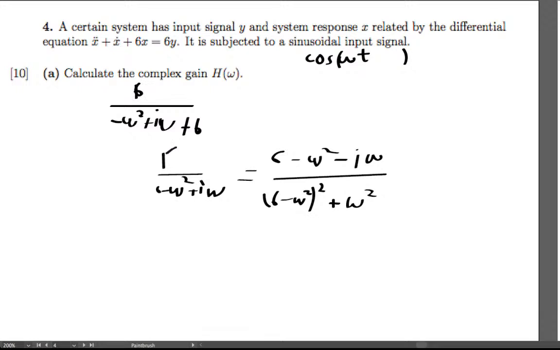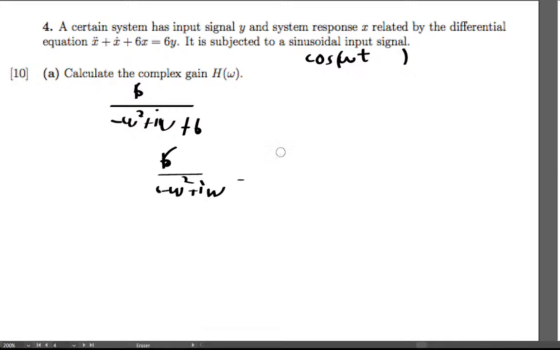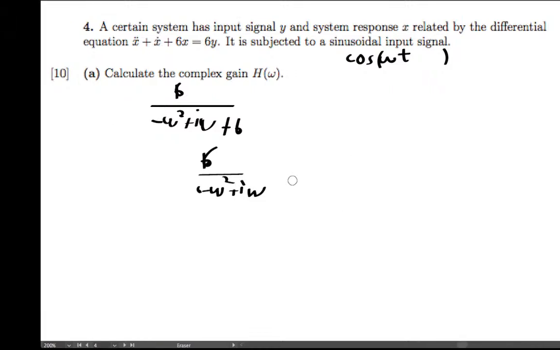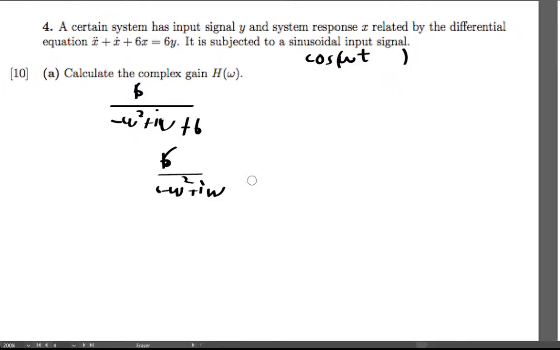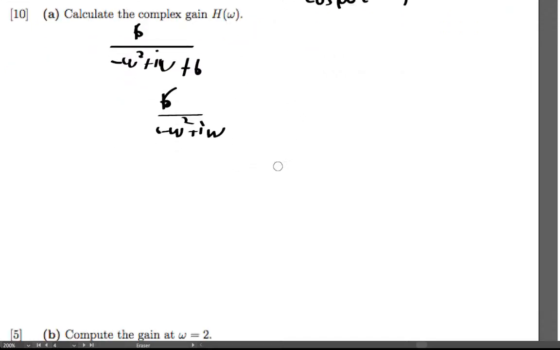I always forget about this. But basically if you have something like that, you should just add in the 6 there, because logically it also needs the 6, but I always forget about that. Okay. And that's the complex gain.